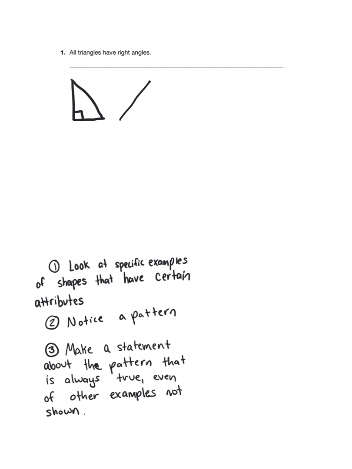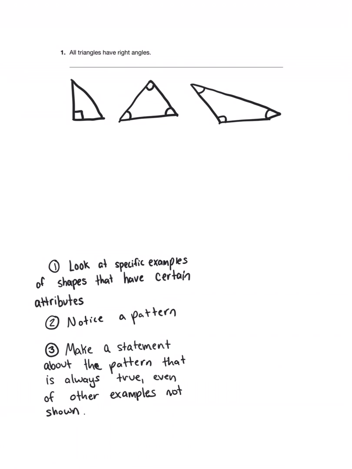I can draw a 3-sided polygon like so, and I can see 3 acute angles, and I can draw a 3-sided polygon that has 1 obtuse angle and 2 acute angles. So in this case, after looking at these shapes that have these attributes, we notice the pattern that not all triangles have to have a right angle.